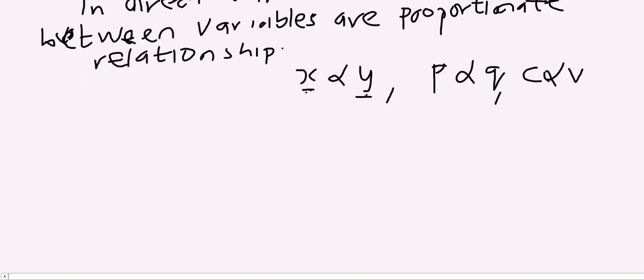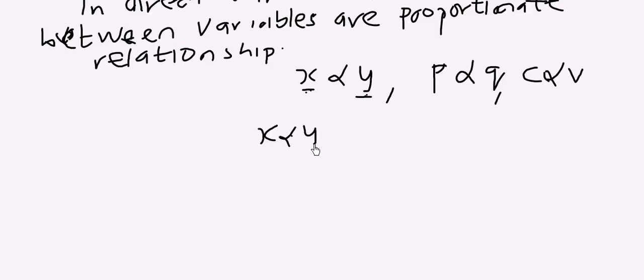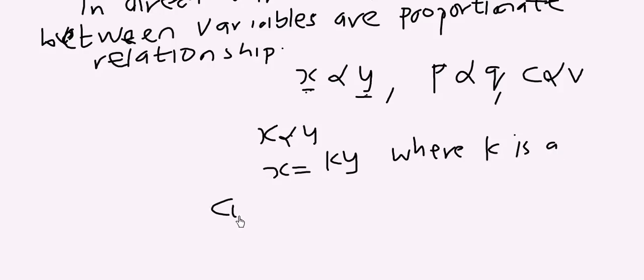So if x varies directly as y, to remove the proportionate sign, we simply have x is equal to ky, where k is a constant. So let's see how we can apply some examples of this direct variation. So we'll take an example.